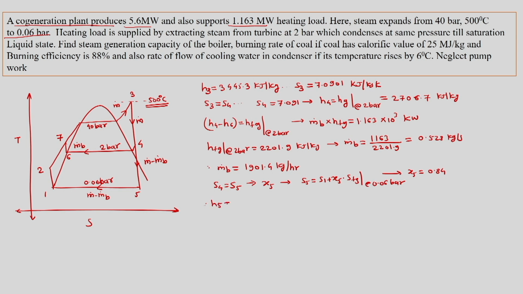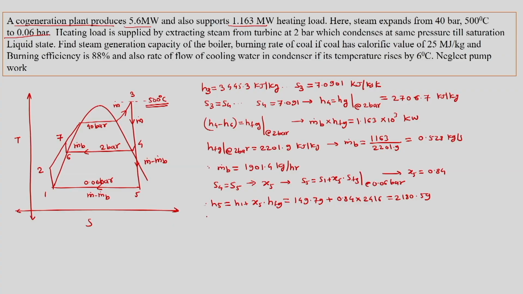So H5 is equal to H1 plus X5 into HFG, which is 149.79 plus 0.84 into 2416, and that gives us 2180.59. So this is H5.